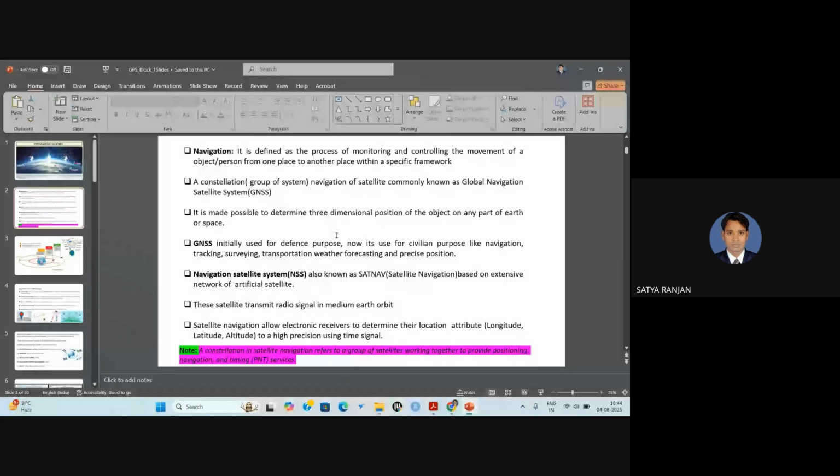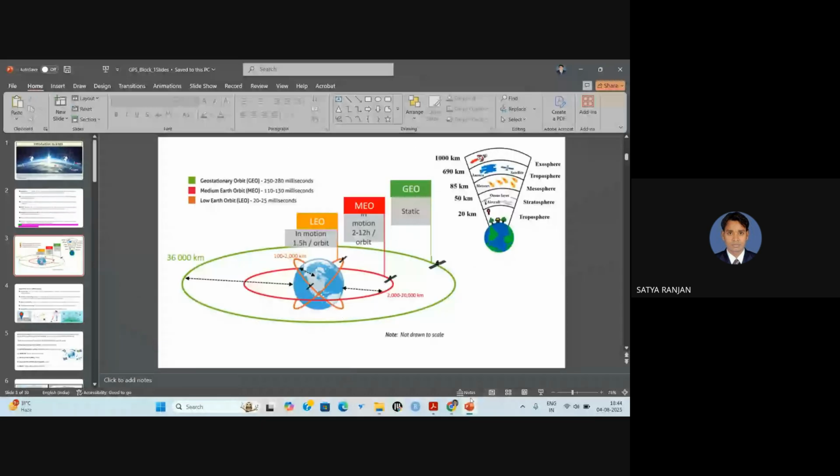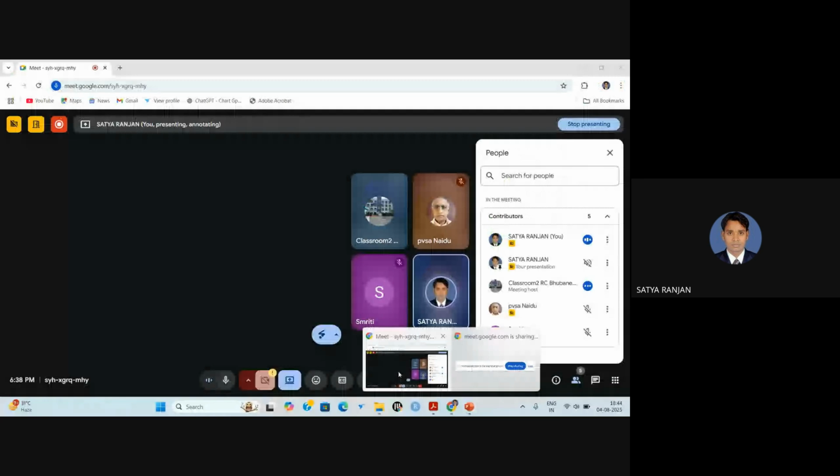So its height about 15 to 20,000 kilometer above the earth. Then satellite navigation allows electronic receivers to determine their location attributes, which also cover latitude, longitude, and altitude, to a high precision using time signal.